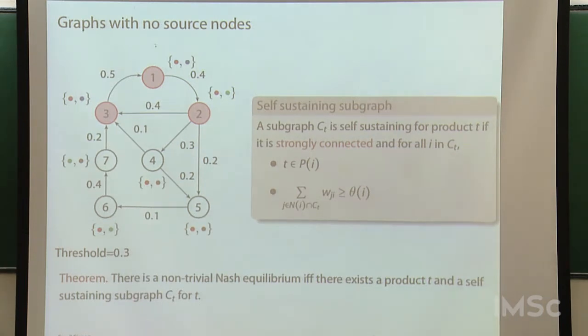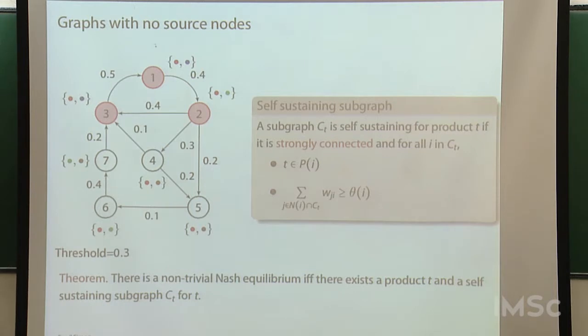The theorem is the following. There is a non-trivial Nash equilibrium in your network if and only if there is a product T and a self-sustaining subgraph CT for that product. So you can find a non-trivial Nash equilibrium in this network if and only if you can find such a nice structure.